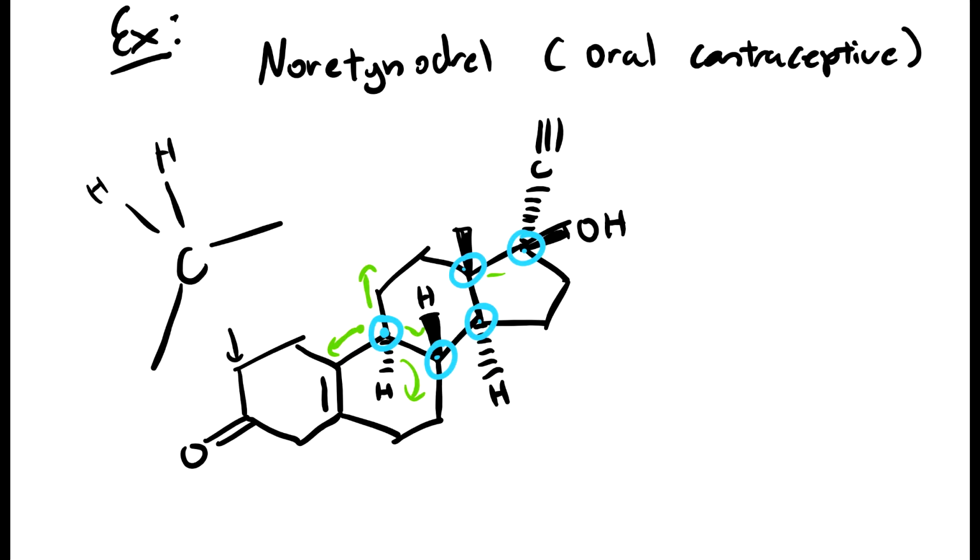Automatically we can cross out that this has no possibility of being a chiral center because it doesn't have four different groups. It has two hydrogens. Automatically that says no, it cannot be a chiral center. So I'm going to represent it in red.